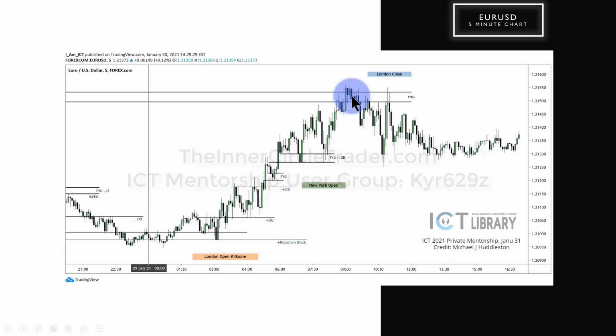Then the price runs up into the fair value gap low and beyond it just by a little bit and consolidates in it. And then in London close, we create a lower high, which again, I mentioned, it's going to happen. It's just a target for time, but it creates a significant high there and doesn't go any higher the rest of the day.